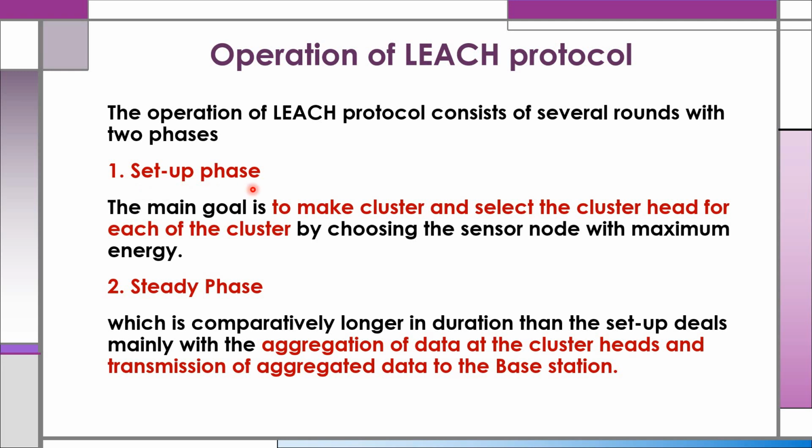In the setup phase, we form a cluster and identify the cluster head based on the energy available in that node. In the steady phase, the data is aggregated at the cluster head and the aggregated data is transmitted to the base station.